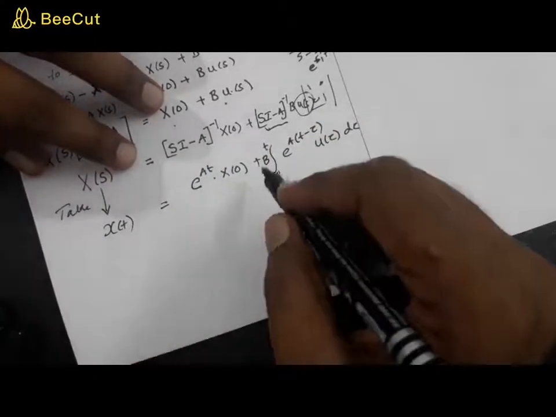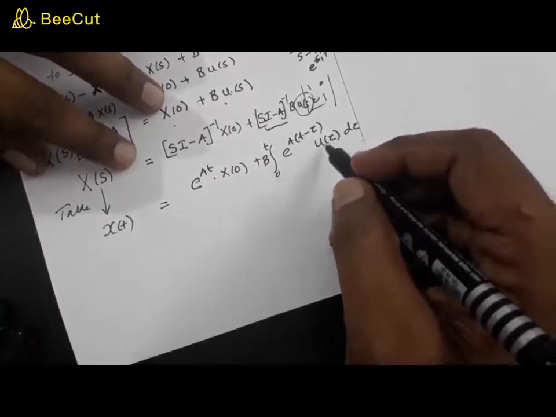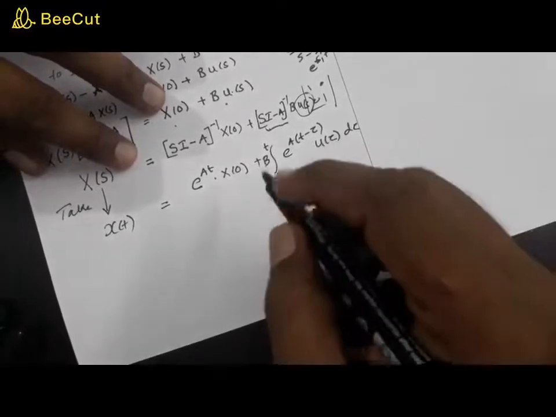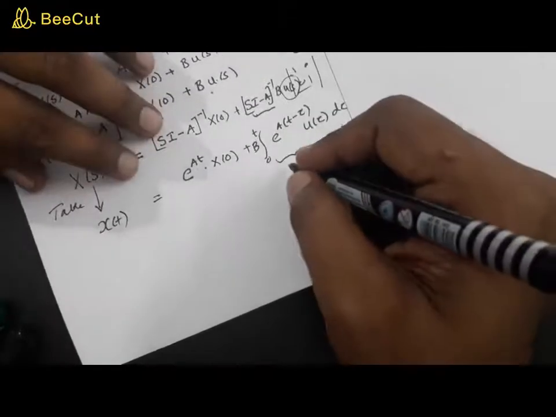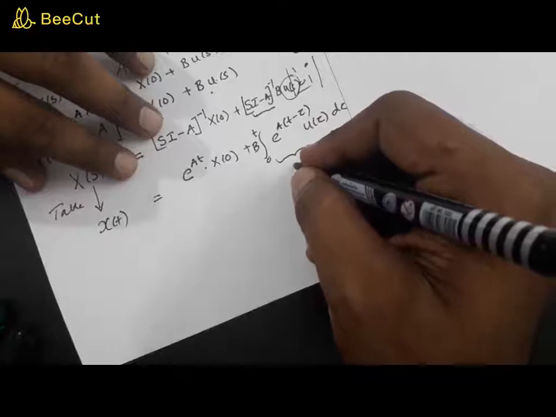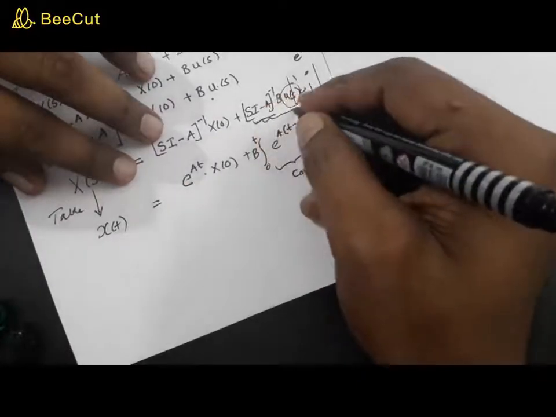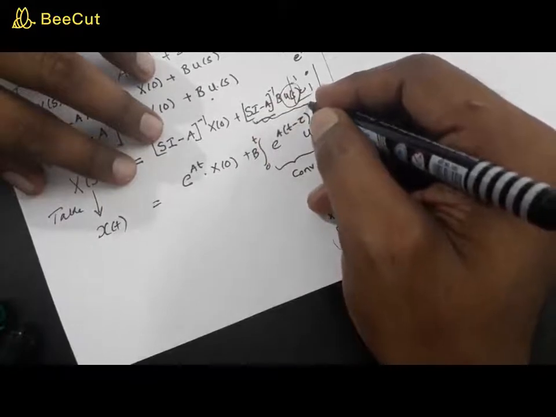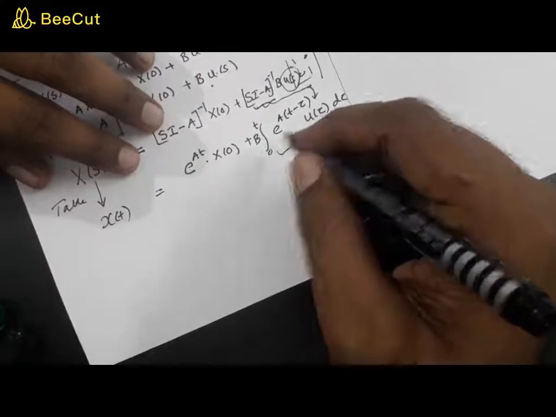So this is b into e raised to a into t minus tau, b into u of tau d tau. So this is actually the convolution in time domain, right? Multiplication in frequency domain results in convolution in time domain.